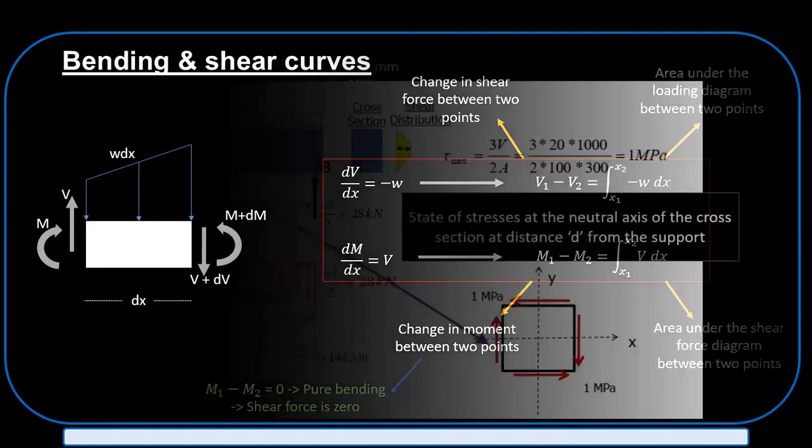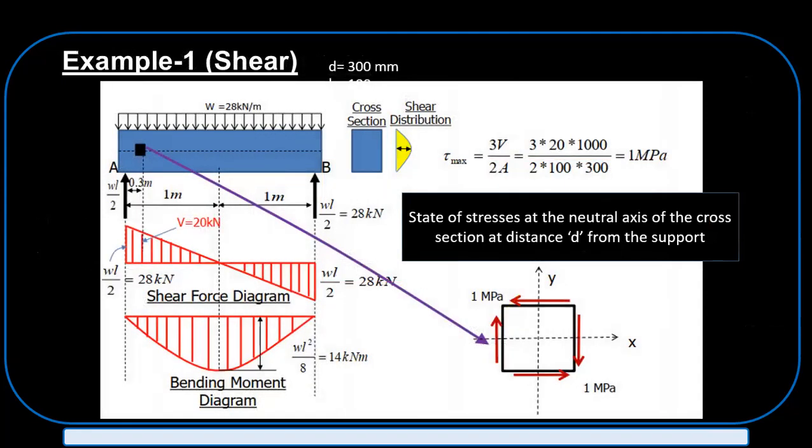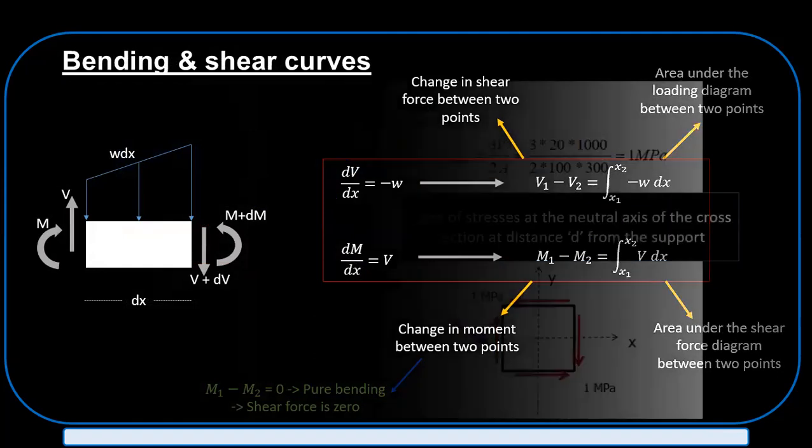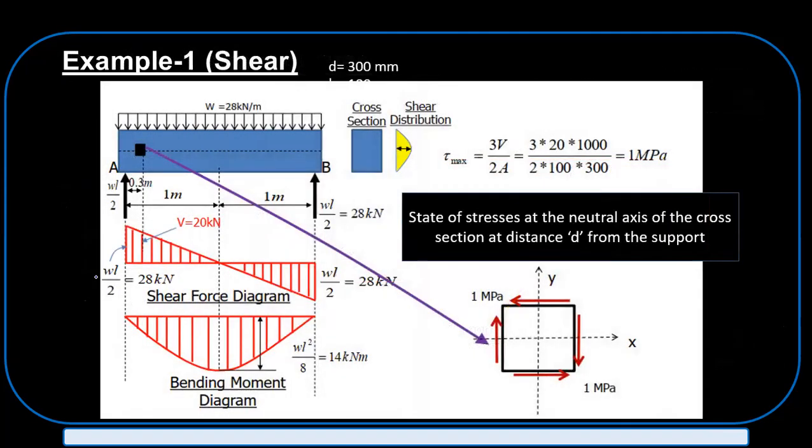So what is the applicability of these processes? Do we actually see it? Yes, we can see this example. They have given a simply supported beam with a uniformly distributed load.